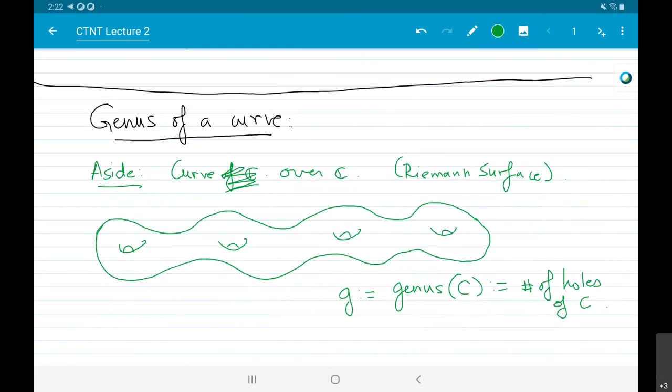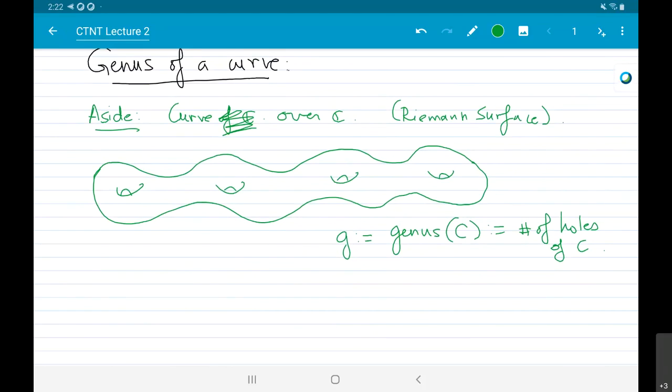And it turns out that the corresponding cohomology of a curve also has 2g generators. So this picture, even though it doesn't make sense over finite fields, is very closely related to what happens over finite fields. So if you want to take the equations of a curve and just think of it as a curve over C and then count the number of holes, you would be okay.